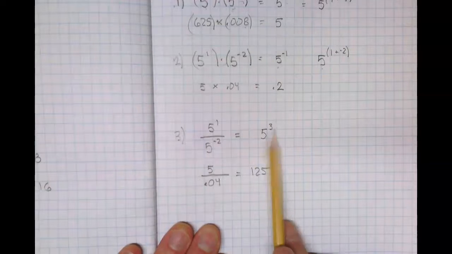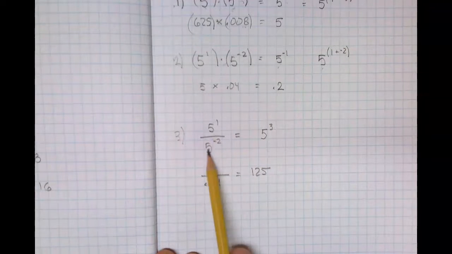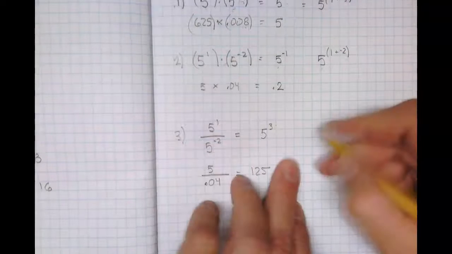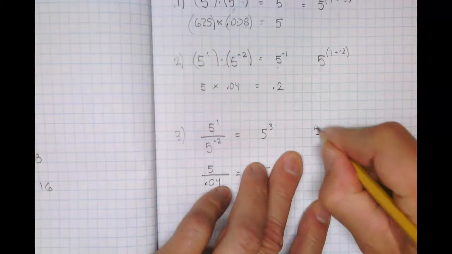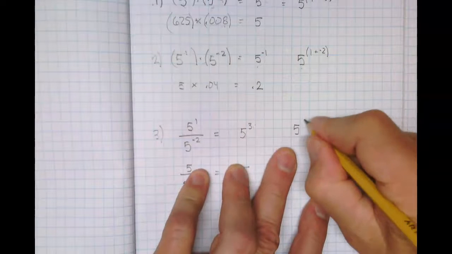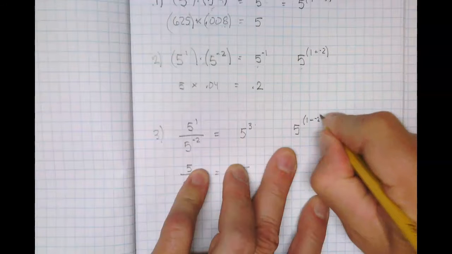Now, how did I get that 3 just looking at these exponents? Notice, the base never changes, just the exponent. And this 3 came from the fact that when we're dividing, we actually subtract instead of add. And so it came from doing this, 1 minus a negative 2.